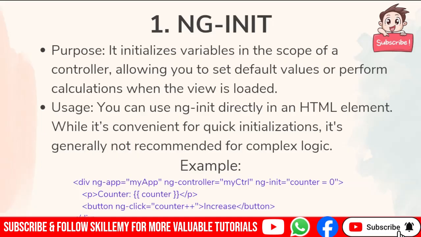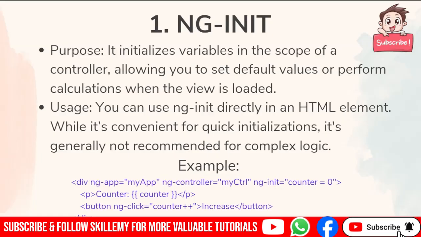Now, inside of your paragraph tag, you are going to put that specific counter, and you are also going to put the expression inside of it. Then, if you want to make your application a bit more interactive, you are going to be putting in a button inside of your web with the ng-click, and then you are going to define the counter and you are going to put any specific word to view it inside of your web, and then close off the div tag and also the button.